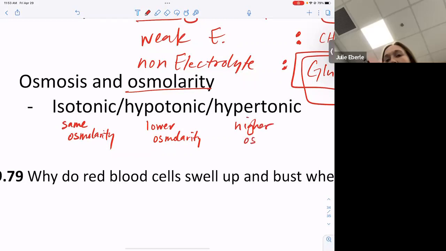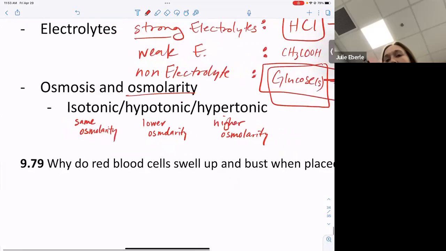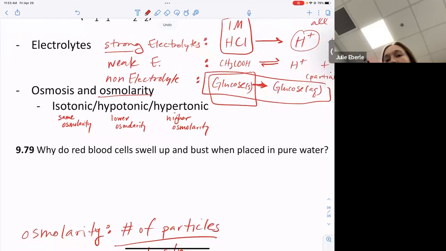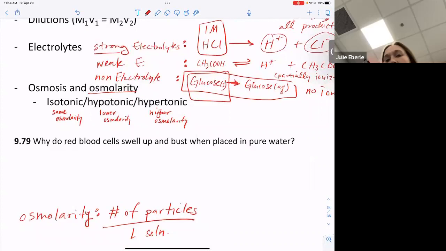Solution with higher osmolarity. So when we're talking about how osmosis works, solvent moves across semi-permeable membranes from solutions that have a lower osmolarity towards things that have higher osmolarity. That's how they flow. And we talked about red blood cells.